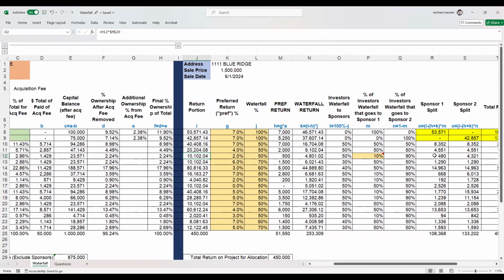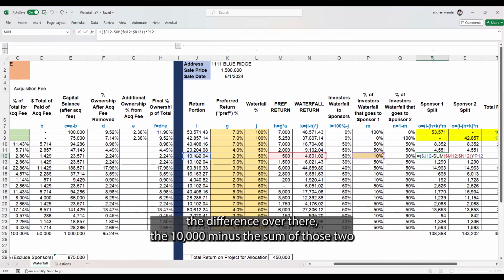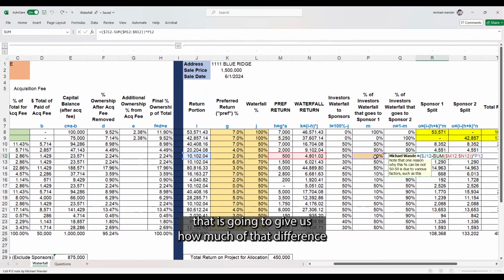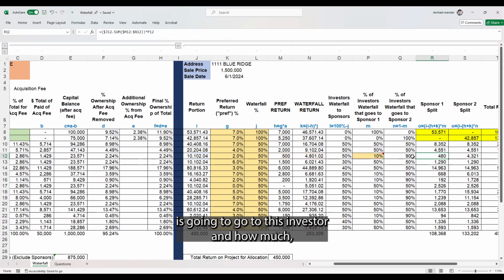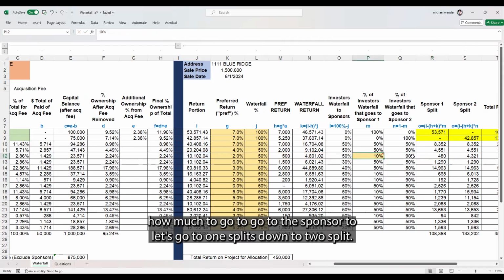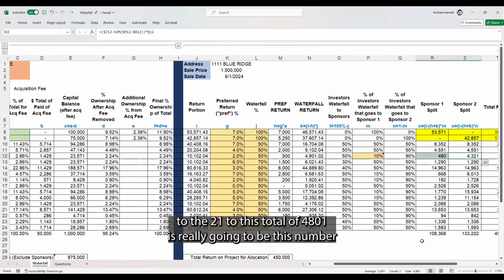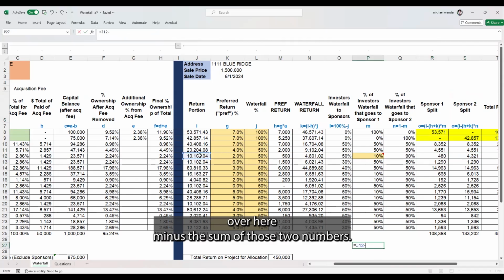So if we subtract the difference, the 10,000 minus the sum of those two, and we multiply it by the 10%, that is going to give us how much of that difference is going to go to this sponsor and how much is going to go to sponsor two. Sponsor one split, sponsor two split. So look over here, they're going to get $480 of it and $4,321. So this total of 4,801 is really going to be this number over here minus the sum of those two numbers.